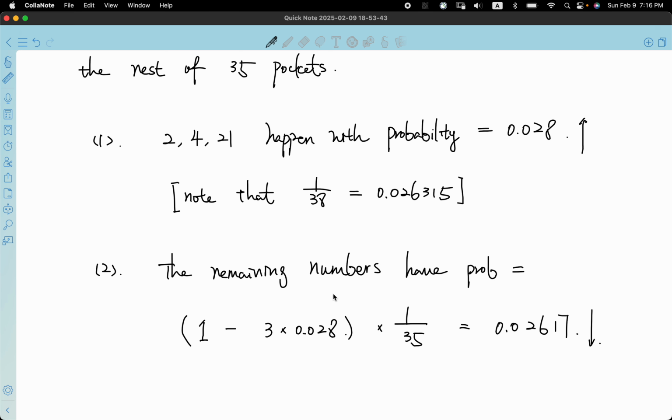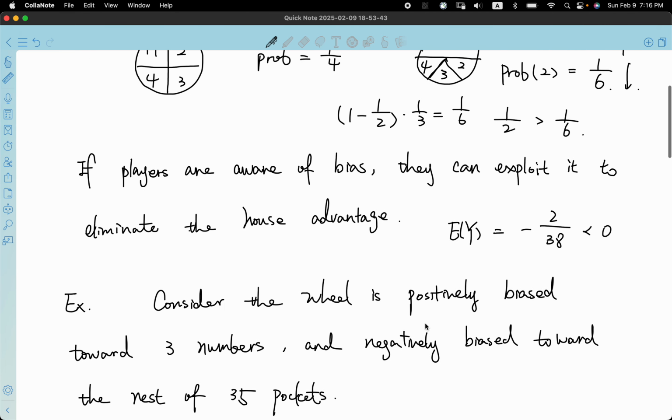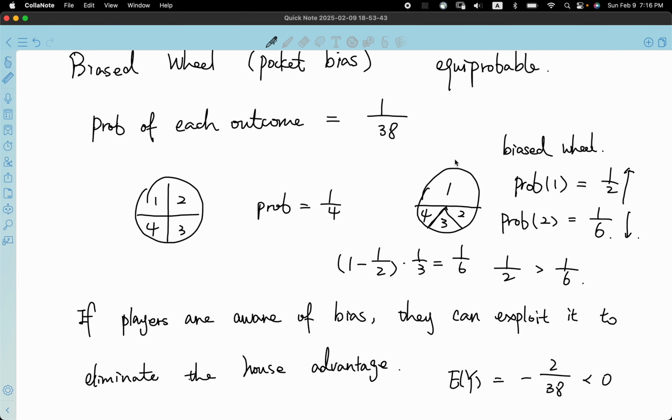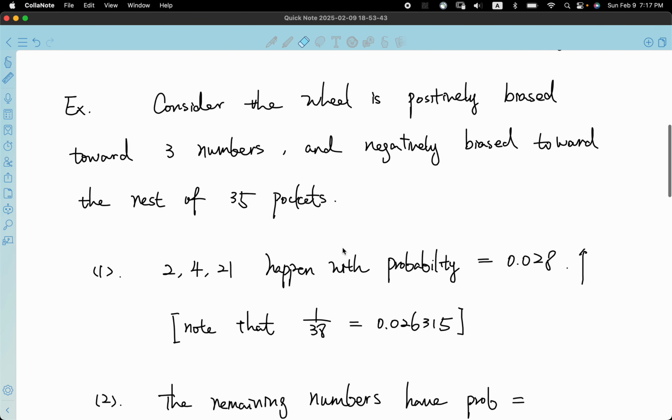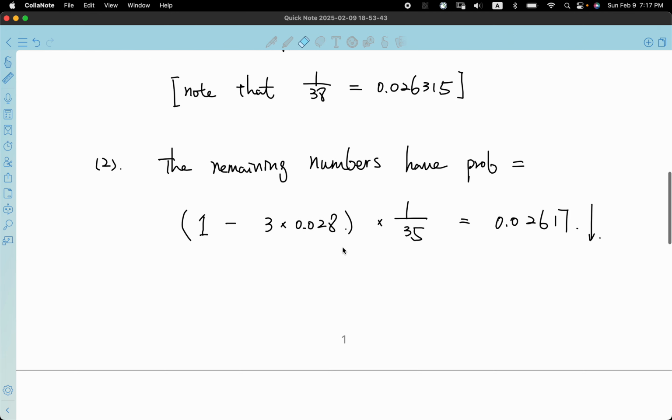Based on that, we also notice that the remaining 35 numbers will have a lower probability. You can think of a roulette with this particular configuration. And now we are going to analyze the behavior, or specifically the expected profits, for this kind of roulette in this particular example.